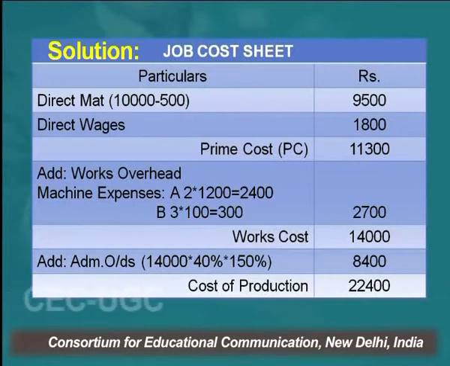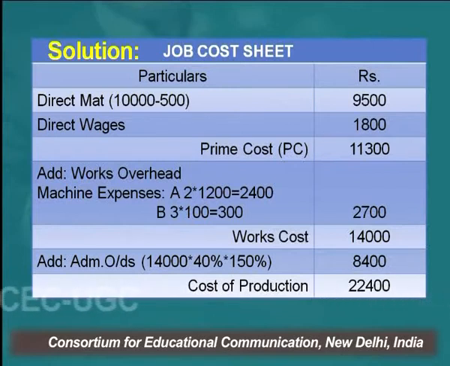And the next step, if you recollect while discussing the cost sheet, is to find out cost of production. So in the works cost, if you add up the administrative overheads, you get cost of production. In this example, we are given that the administrative overheads is 40% of works cost, but because of the increase in the overall price level, it has gone up by 50%.